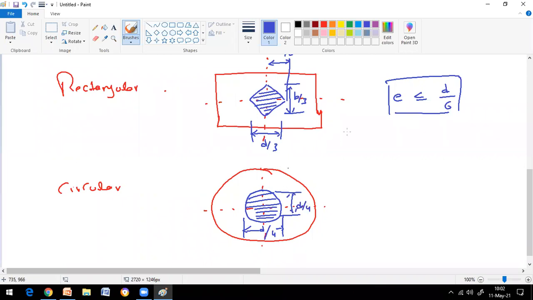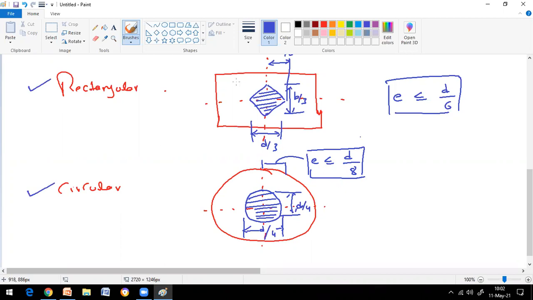So what do you mean by D by 4? Your eccentrical distance should always be less than or equal to D by 8. When your eccentrical distance is less than or equal to D by 8, obviously your circular section will never undergo negative stresses. Understand? So these two are very, very important.